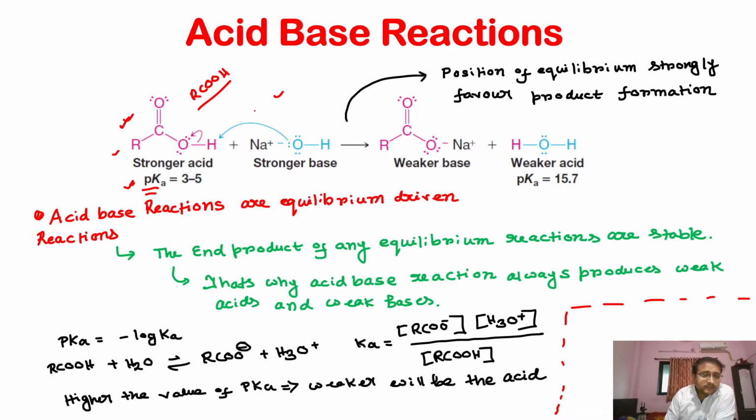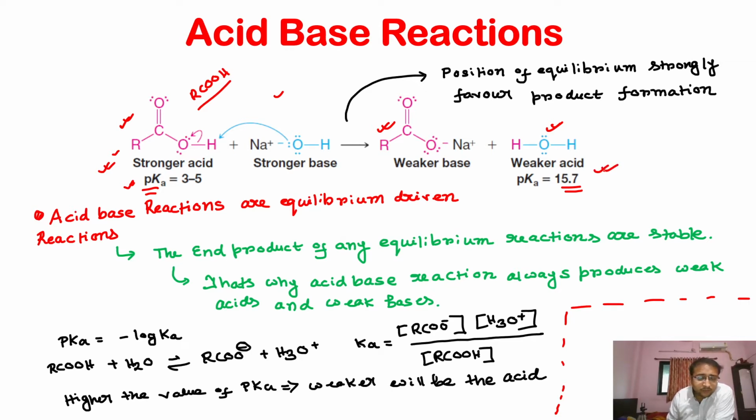Now you can see what the end products of the acid-base reaction are: one sodium carboxylate salt and one water molecule. What is the pKa of the water molecule? That is 15.7. So after participating in that reaction, the initial reactant was a stronger acid, but the final product is a weaker acid.